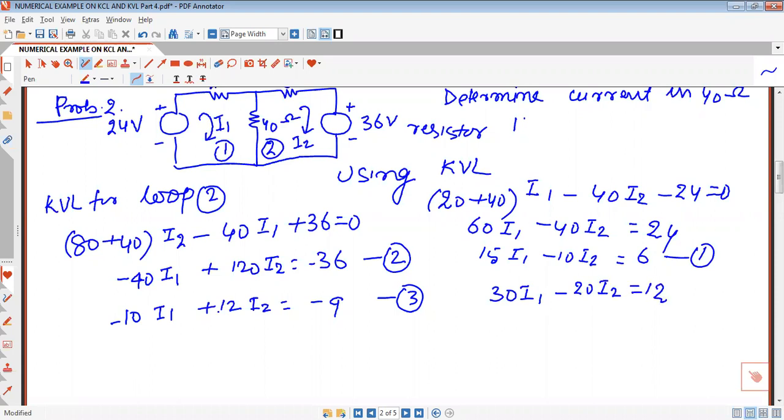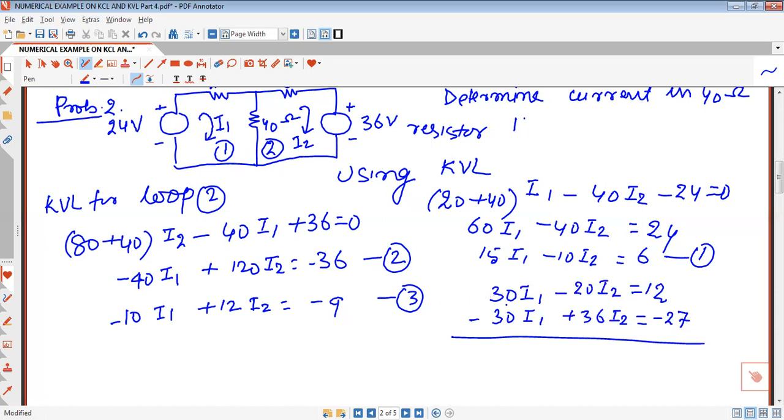And in the other equation, if I multiply by 3, it will be minus 30 I1 plus 36 I2 equal to, multiplying by 3, minus 27. So we are getting this equation like this.